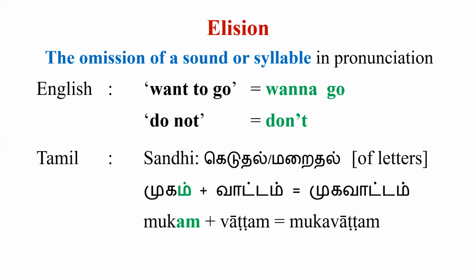We have muham, which means face, then vadam, exhaustion or tiredness or sadness. When these two words are put together, we get a new word, a compound word, muha vadam. But in the original one, we have muham, and that sound disappears in the compound word. This is called elision of letters. So when we study concepts like this under linguistics, we can use any language to understand this concept, or any concept for that matter.